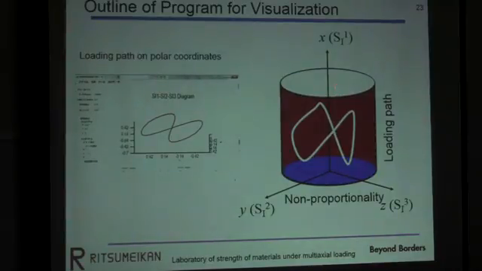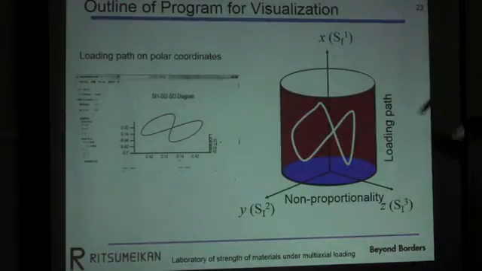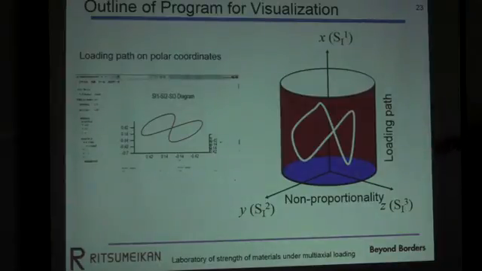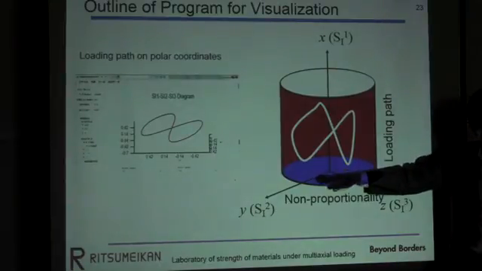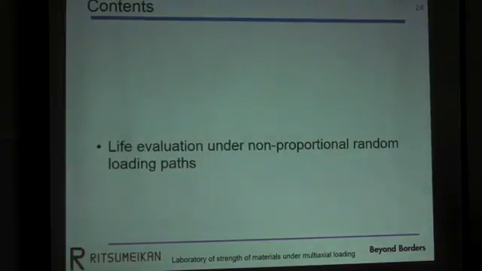The projection onto this red cylinder means the stress or strain amplitude, and the projection on the bottom side means the degree of non-proportionality. So from this picture, researchers and engineers can know how the stress amplitude is and how much the non-proportionality is. Okay, I must go very quickly.